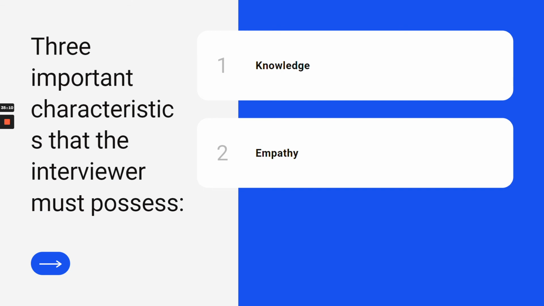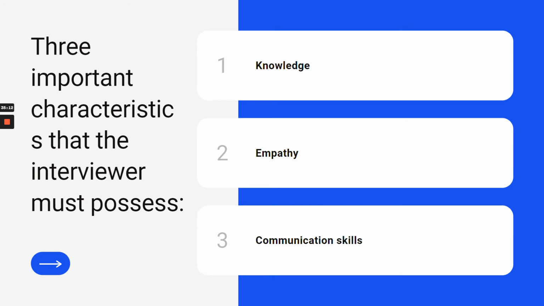Next is you should have good communication skills. Dili pwede nga mas maayo pa ang imong gi-interview kaysa sa imuha. Maglisod ka i-throw ang question to your interviewee. The interviewer must have facility of communication, which means that you have to have the use of the language, no?